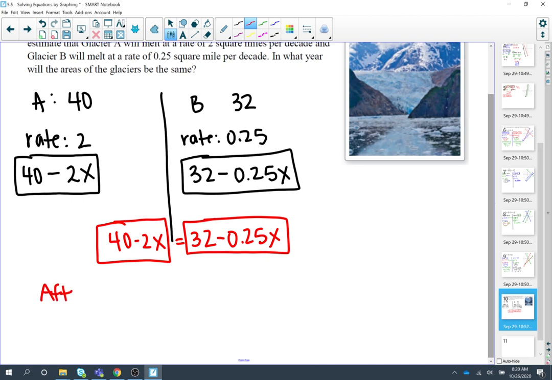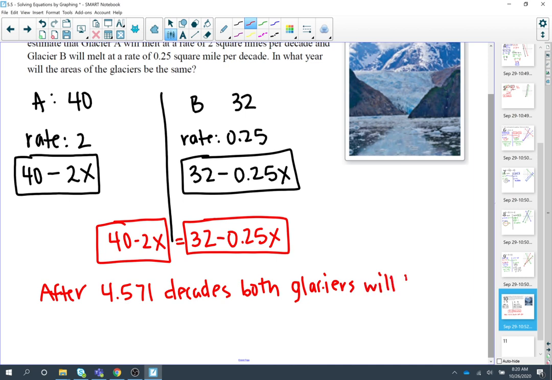After 4 decades, both glaciers, which I'm spelling wrong, will have an area of, and what did we say that number was? 30.857 square miles.